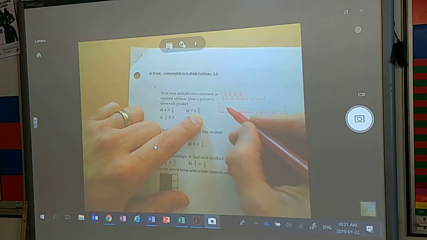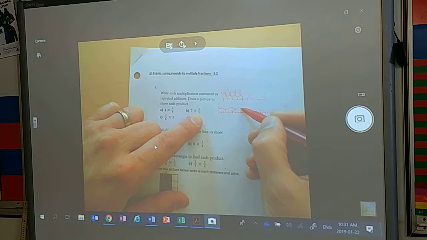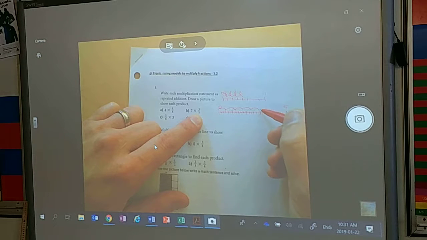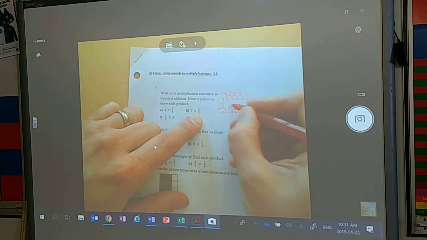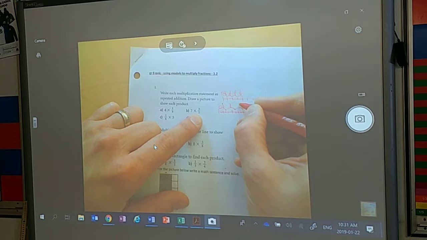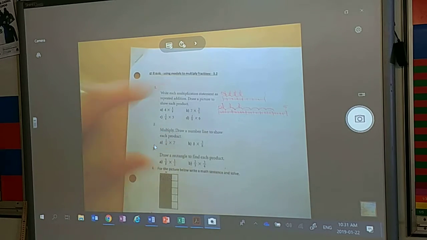There's 7 times 3/5: 1, 2, 3, 1, 2, 3, and so on, 1, 2, 3, 4, 5, 6, 7 jumps of 3/5. And that's how you can visually represent it.